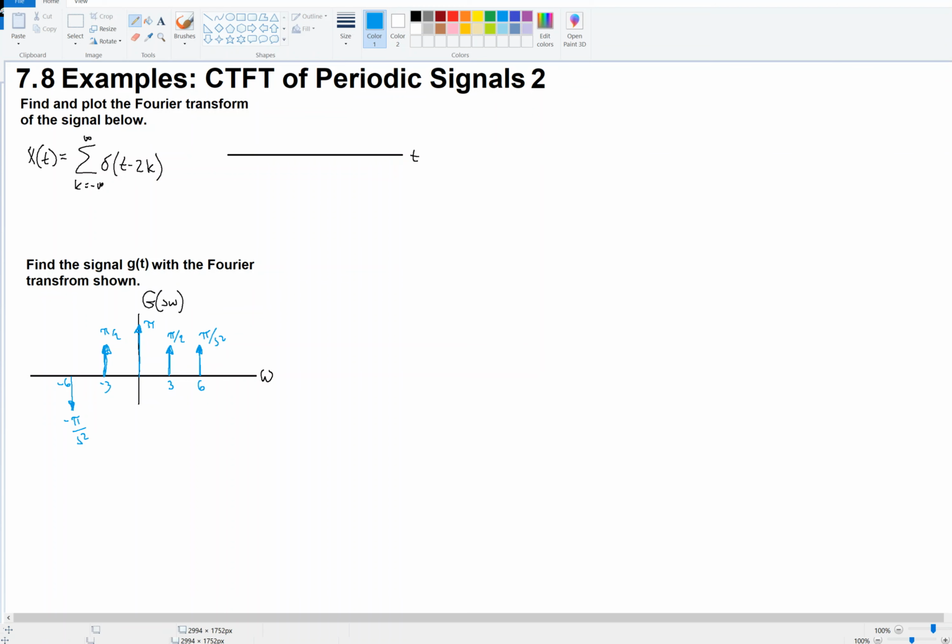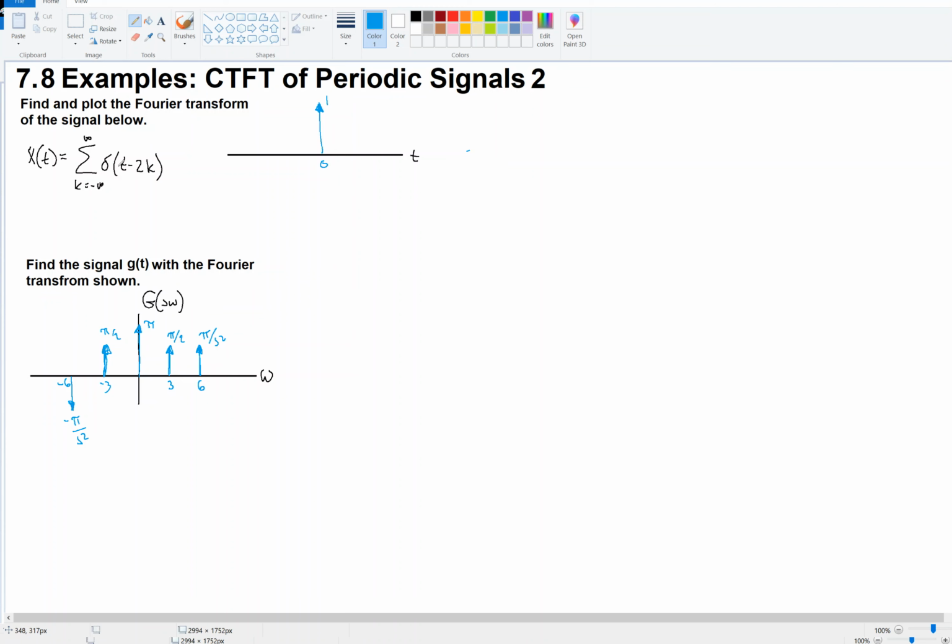So let's plot it. There's an infinite number of k's here from minus infinity to infinity, and let's just look at the k equals 0 term to get us started. For k equals 0, we would have delta of t. So delta of t looks like this, scaled by 1. And then how about when k equals 1?